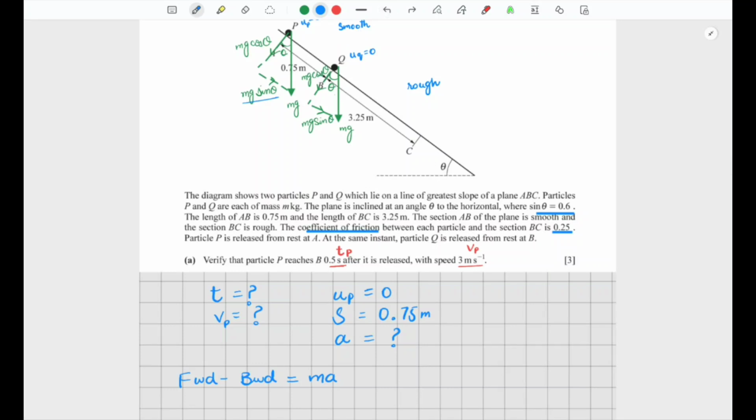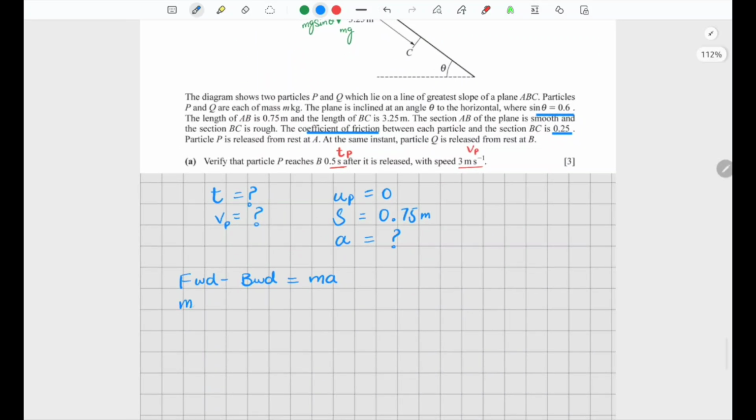So mg sine theta minus 0 equals m times a. Sine theta is given to be 0.6, so mg times 0.6 equals ma. M and m are going to be cancelled out, and we are left with a equals 6 meters per second squared.